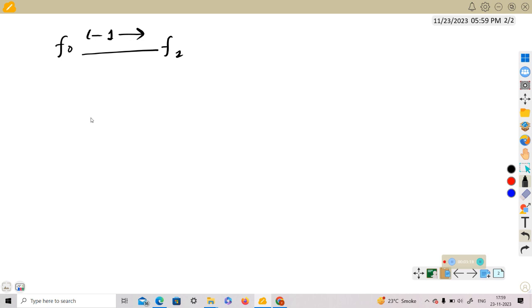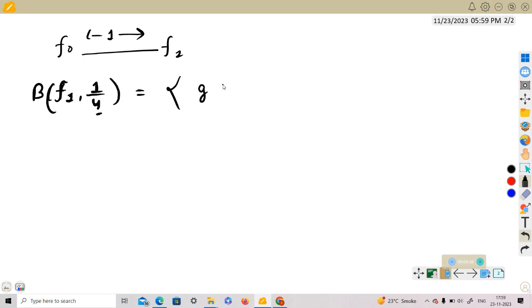Let us consider a ball around f1 of radius 1/4. You can take another value; there is nothing special about 1/4. You will see why 1/4 works, and similarly other radii will also work.